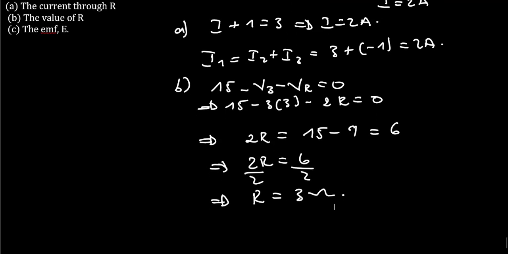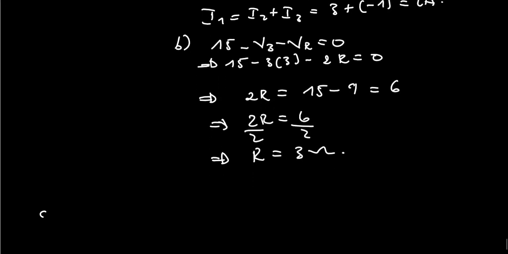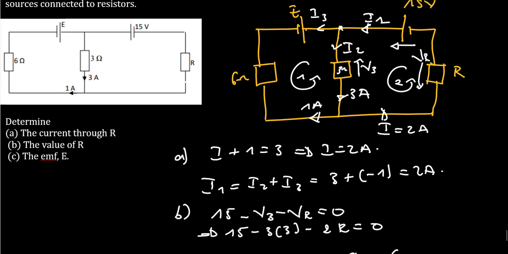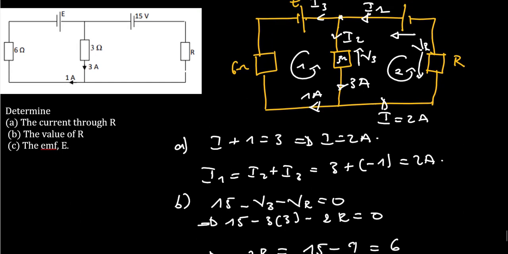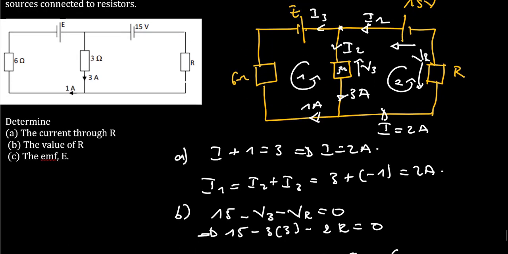Now the value of the EMF, C. Let's apply Kirchoff's voltage law on loop 1. And so here, this is the positive convention for the direction of potential in the source of EMF.